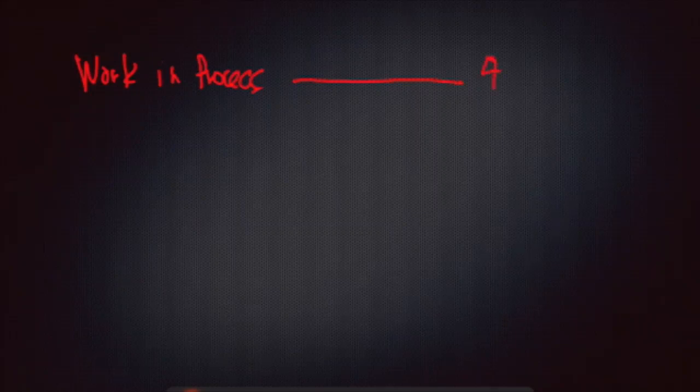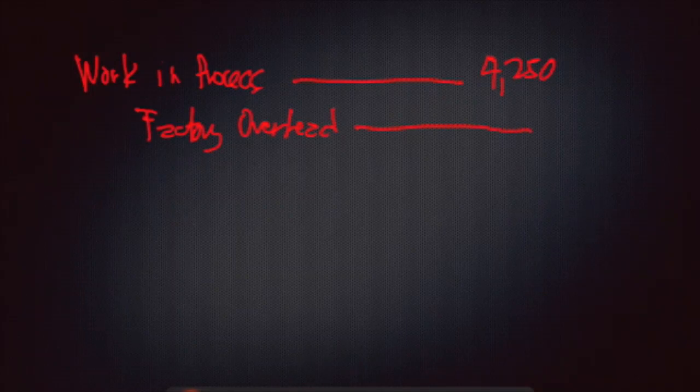Work in process is on the debit side at $4,250, while factory overhead is on the credit side at $4,250 as well.